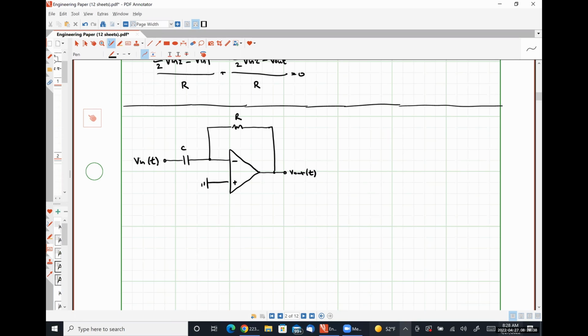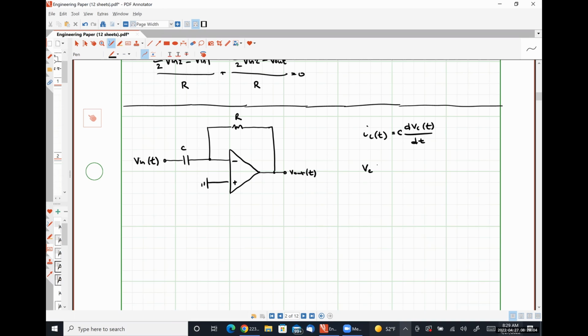So a couple of things here. First, let's remind ourselves of what the relationships for capacitor voltage and current are. So we know that IC of t is equal to C dV by dt.